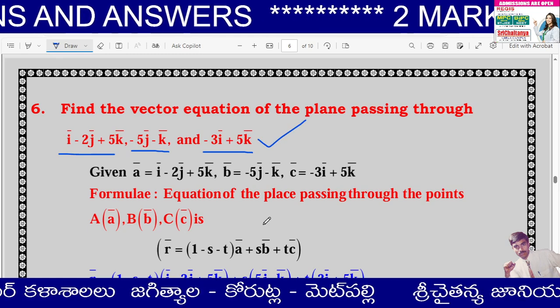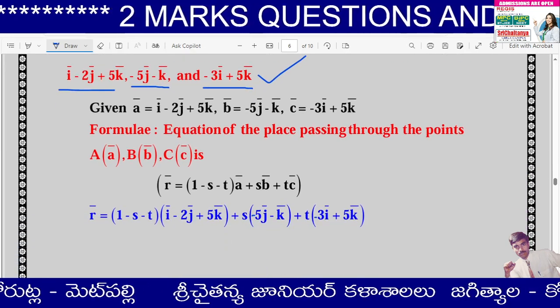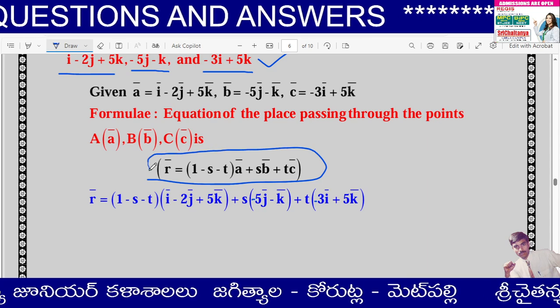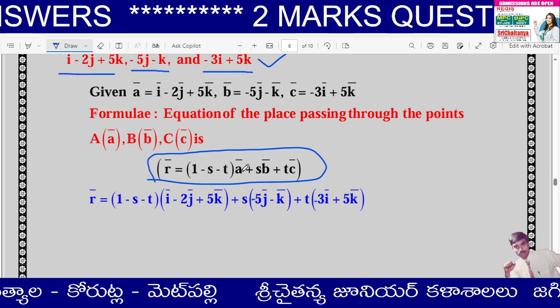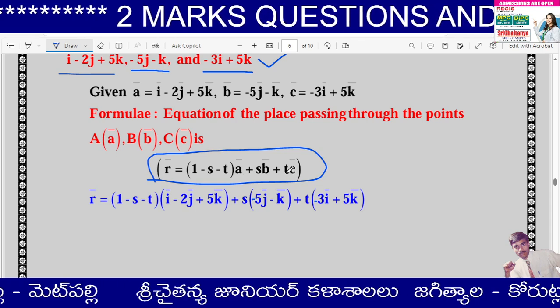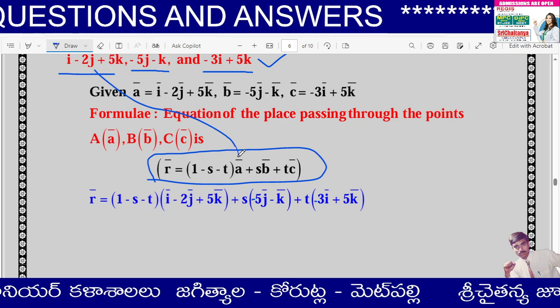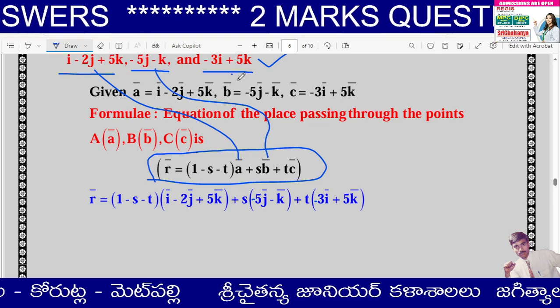Three vectors are given. The vector equation formula for three vectors is r equal to (1 minus s minus t) a plus s b plus t c. Just substitute the first vector, second vector and last vector.